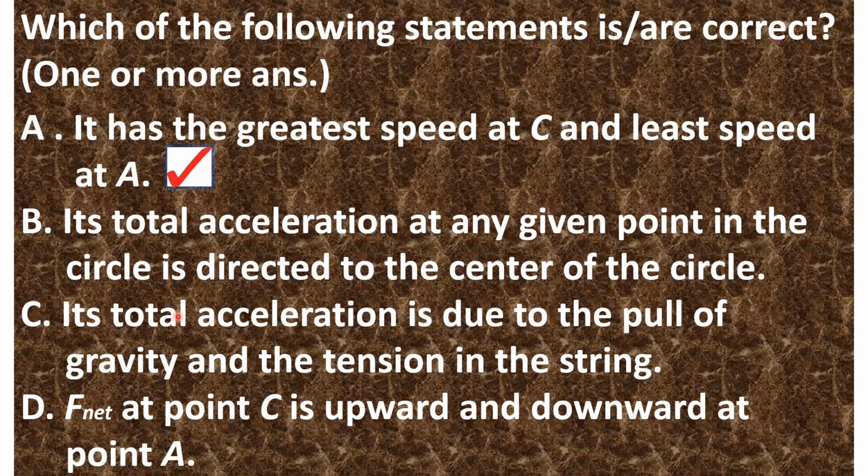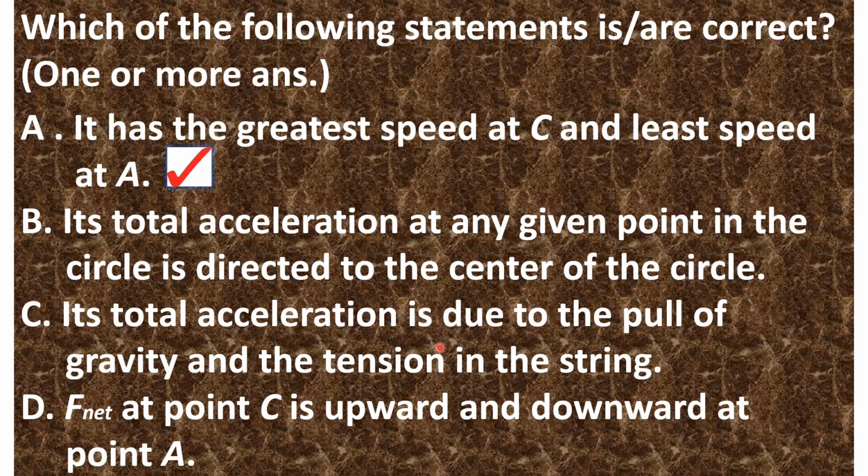Now, for option letter C, the total acceleration is due to the pull of gravity and the tension in the string. We relate this total acceleration, of course, to the total force acting on the body.